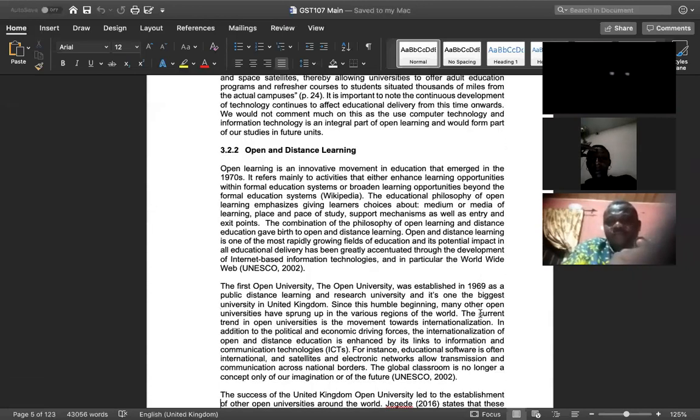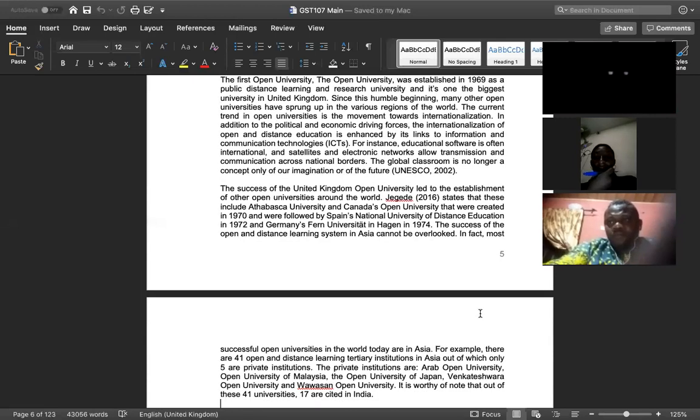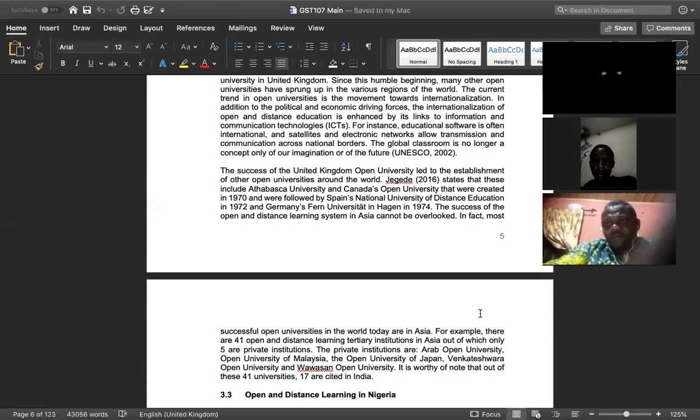Now, the first open university in the world was actually the Open University of UK. Before they called it OUUK, but today they call it the Open University. It's the first one in the world, and it was established as far back as 1969. With the success of the Open University, Asia as a continent fell into the whole show, and Asia is the most advanced region in open education today.